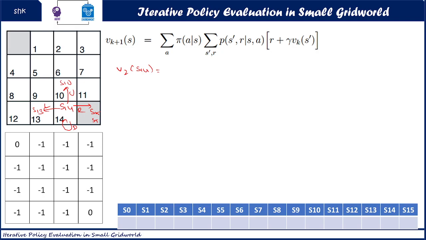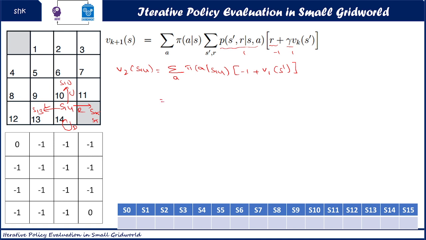Now we'll update the expression: V2 of S14 is equivalent to the sum over all actions of the probability of action A in S14 state. The probability of state transition from S to S' is 1, reward is minus 1, discount factor is 1. So we can write minus 1 plus V1 of S', where S' will depend upon the action.